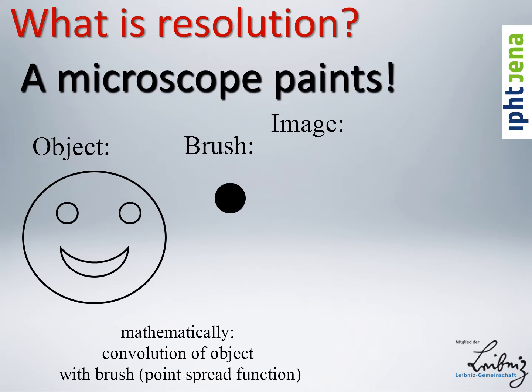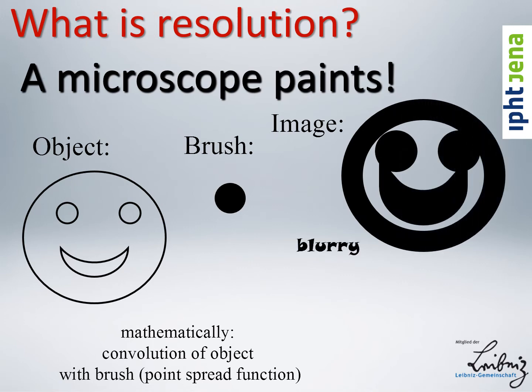And how would the image now look like? Well, as a convolution, on the right-hand side, you now see how such a convolved image looks like. Convolution, as written here, a fairly complex mathematical integral operation, is simply a mathematical representation of drawing with a brush. So you see the object on the left gets drawn with a fluffy brush.